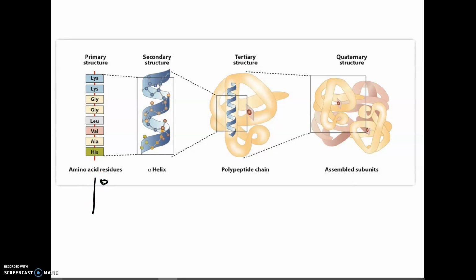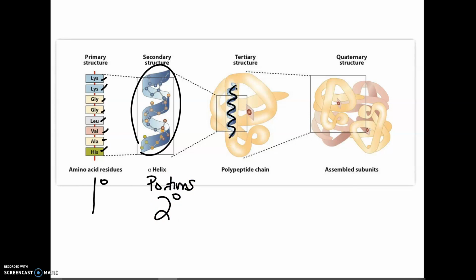So this chain may consist of 350 amino acids, and this is the exact order. It's lysine, lysine, glycine, glycine, leucine, leucine, alanine, histidine, and so on. And if one of those was to change, it might change how the entire thing folds up later. Secondary structures are only found in portions of a chain. They're regular repeating patterns that occur, and they're showing the secondary structure here, how it's in just a little section of this protein.